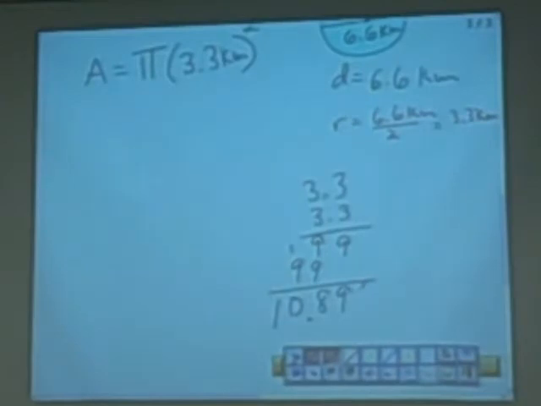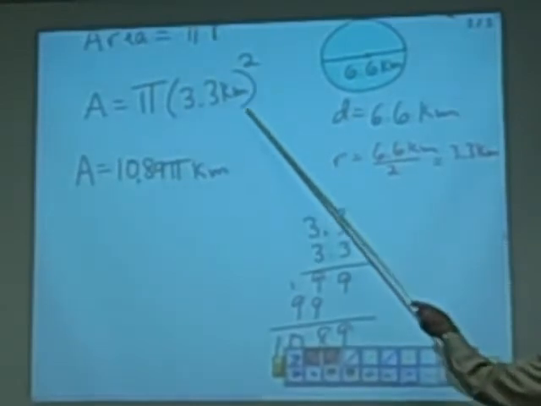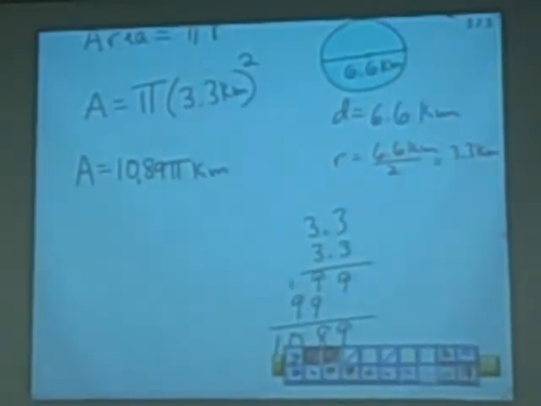So we have 1089, so that means if we wanted to write it in terms of pi, we would have area equals 10.89 pi kilometers. And you see how the kilometers is inside our parentheses? So that becomes kilometers what? Squared, right. Area is always units squared. Okay?